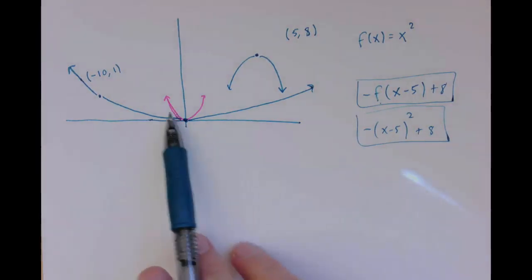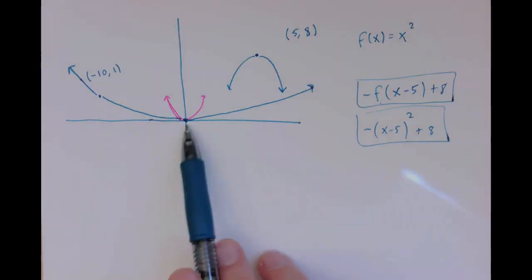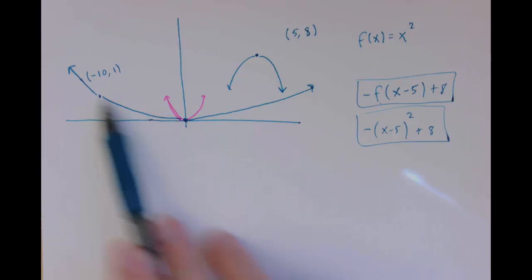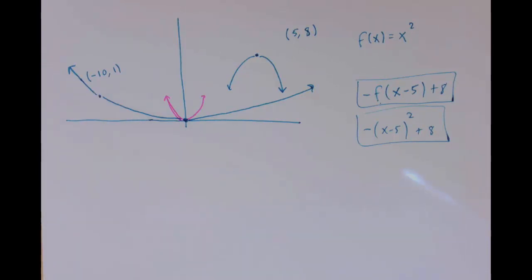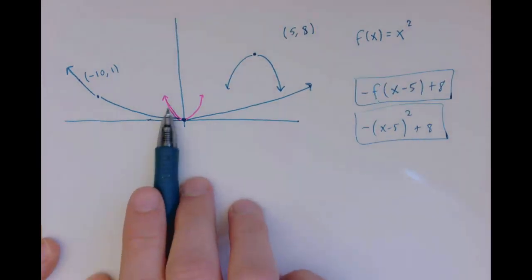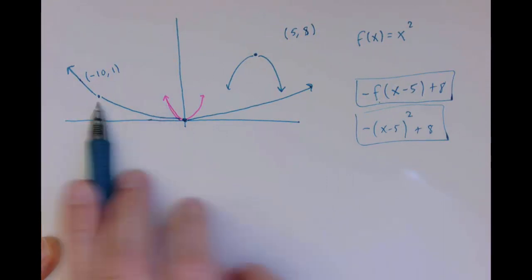What if I wanted to transform it so that its vertex is still at 0, 0, but it passes through the point negative 10, comma 1? Of course, you could write the quadratic equation with some coefficients, and you could try and solve for the coefficients. But again, in this case, I think we can just do it with transformations. What I want to do is horizontally expand it.